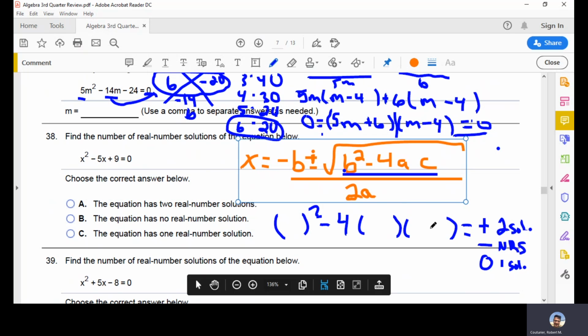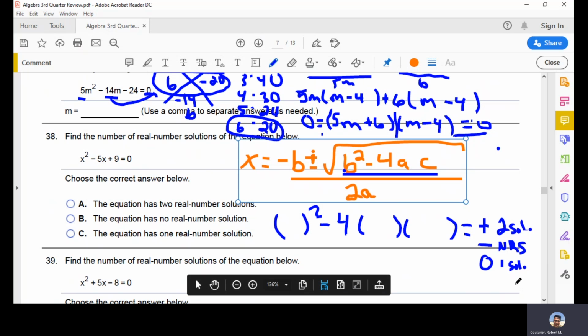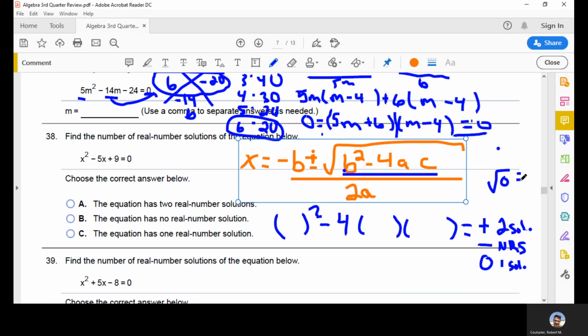If we've learned that when we put a positive number in there, like a positive 81, you could possibly have plus or minus 9, a positive or a negative 9. Well, what is the square root of 0? If you take the square root button in your calculator and do the square root of 0, right?